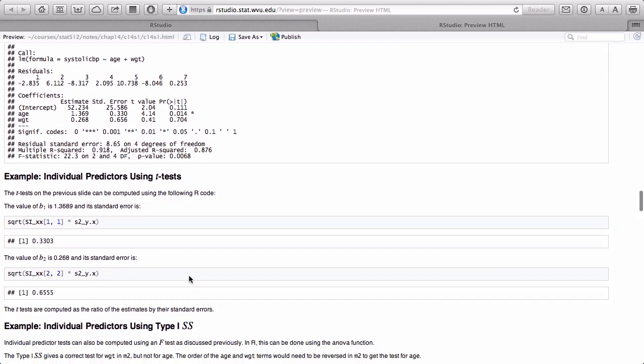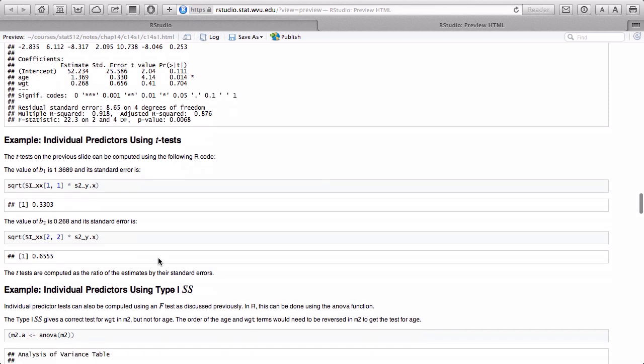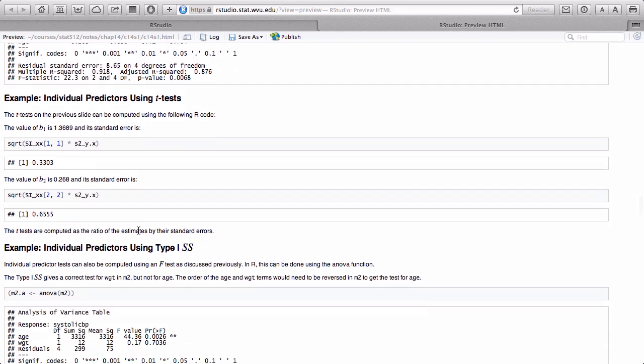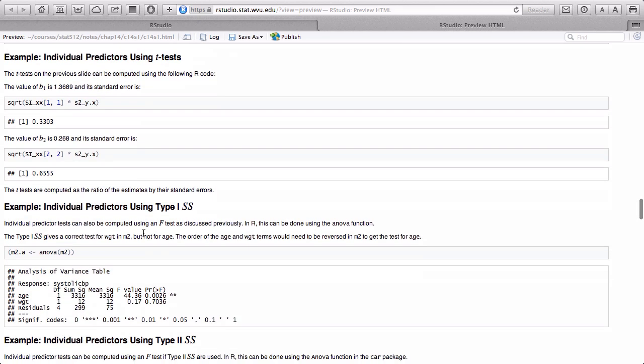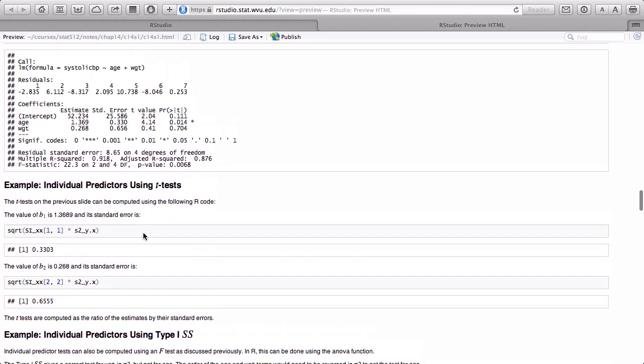And so you might not know what the residual standard error is. Basically, that's the variability about, in this case, the regression plane.